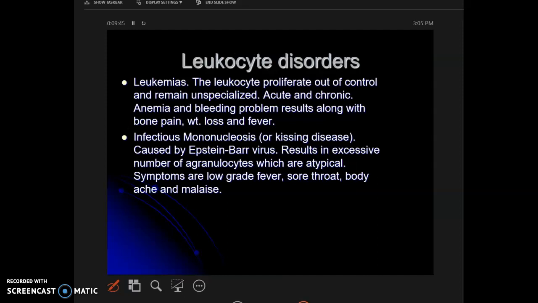What are the leukocyte disorders? There are many, but we'll talk about only two: leukemia and infectious mononucleosis, or the kissing disease. So in leukemia, what happens is that the leukocytes will proliferate out of control. Now you're saying, oh, that's good, I have more leukocytes. No. They remain unspecialized.